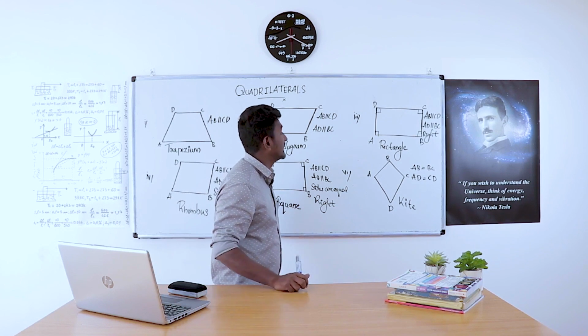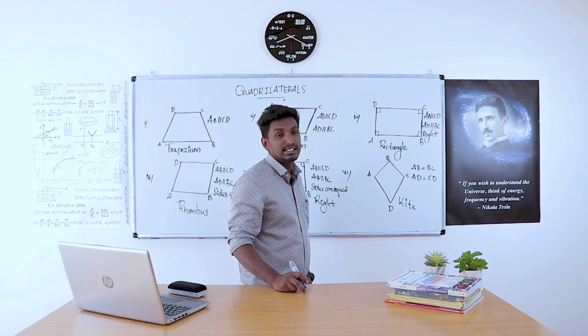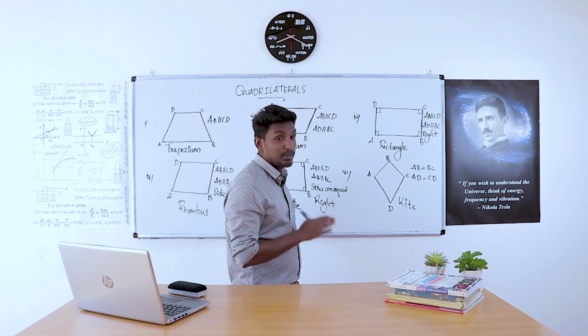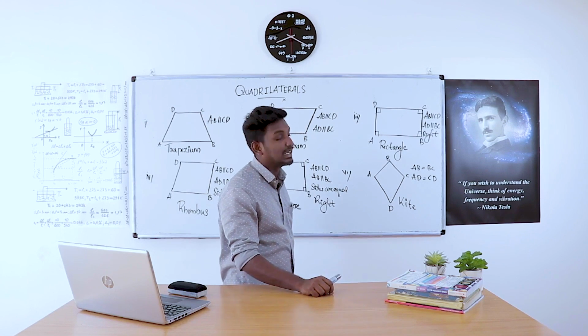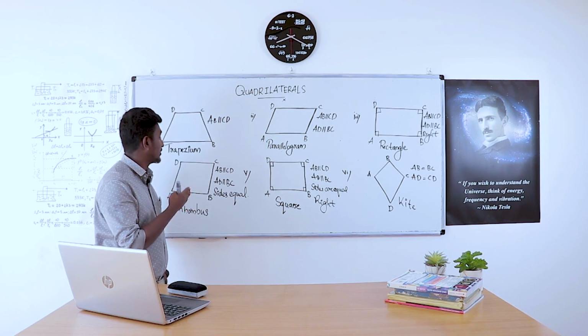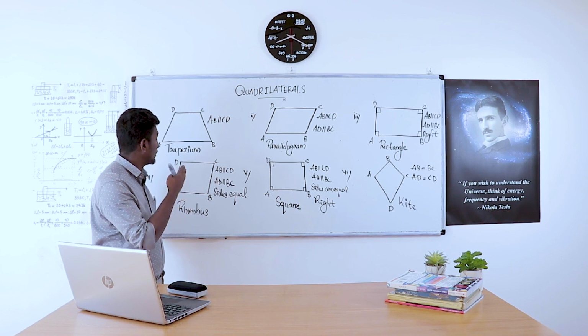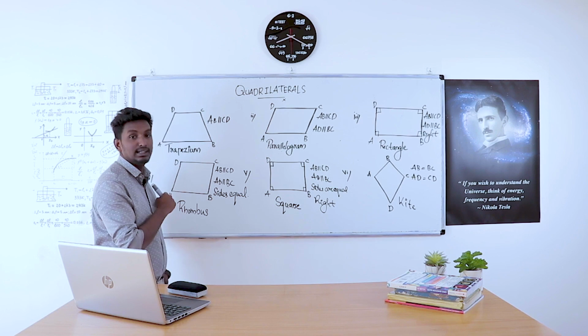Now look at the third one. It is a rectangle. For a rectangle, opposite sides are equal, opposite sides are parallel, and all angles are right angles. Then next is a rhombus. The specialty of a rhombus is that all four sides are equal and opposite sides are parallel.